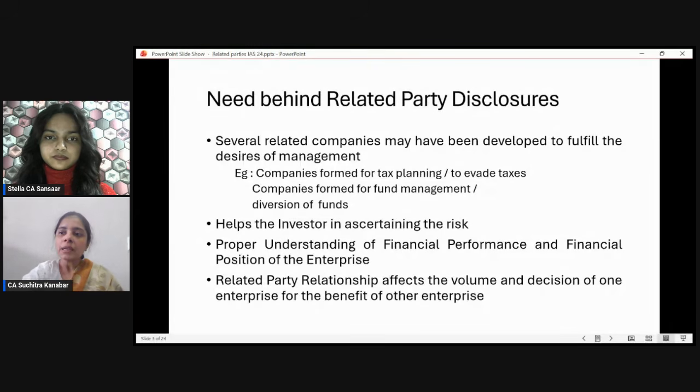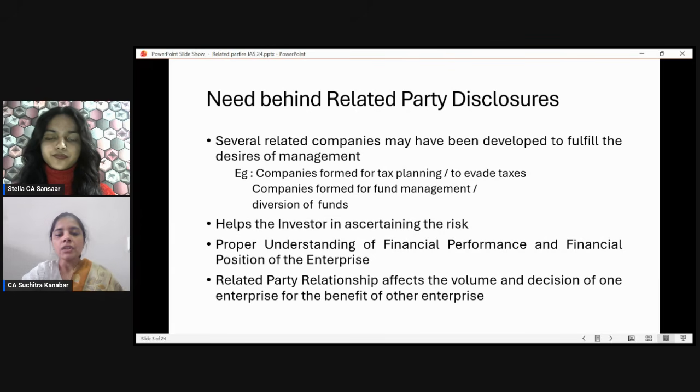If you see, the profits of company A are overstated to the extent of this transaction. So the users of the financial statements need to be made aware that this transaction has happened and it is not at the normal price at which it should happen with other enterprises. For this purpose, disclosure is required.